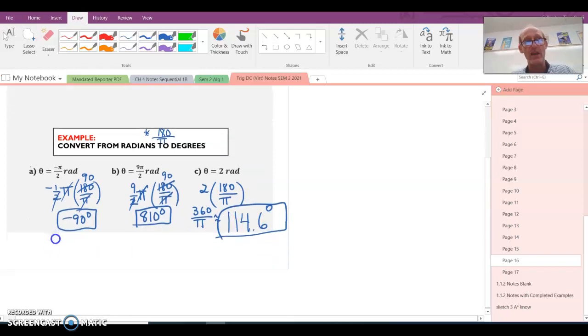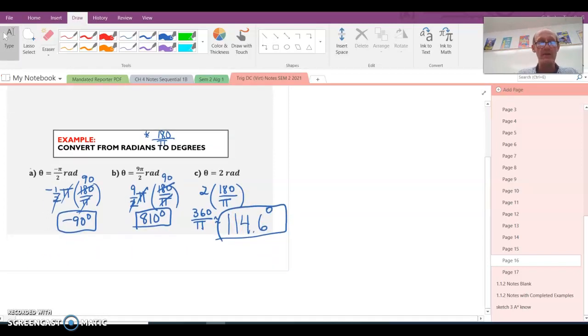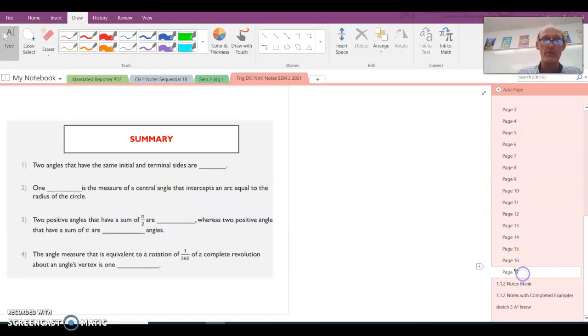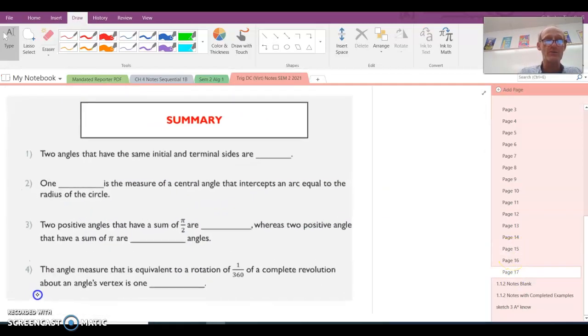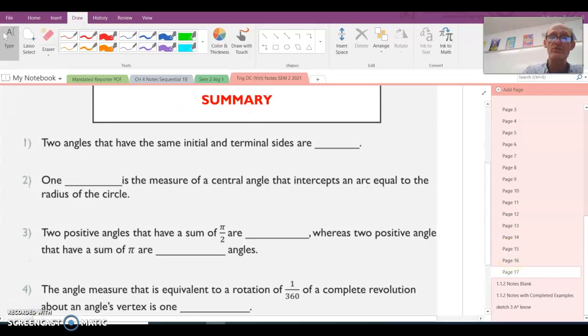All right, this kind of wraps up 1.1, A, B, and C. Two angles that have the same initial and terminal side are called coterminal. One radian is the measure of a central angle that intercepts an arc of equal length.